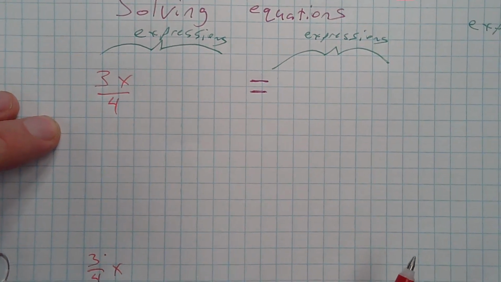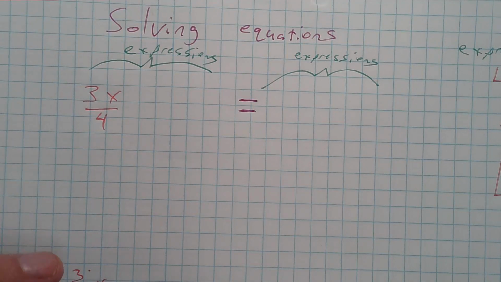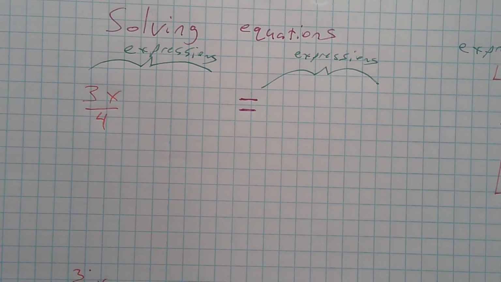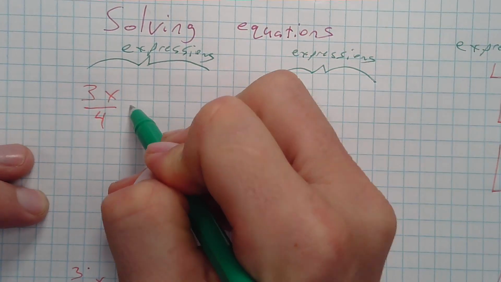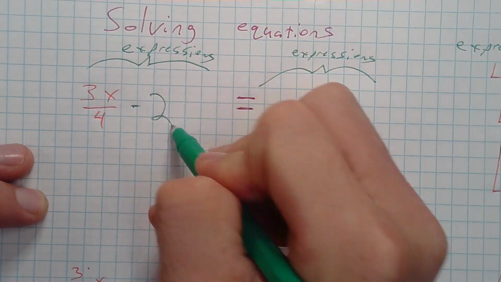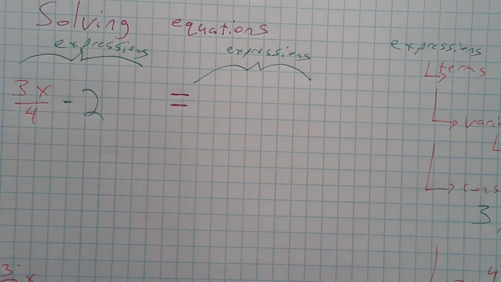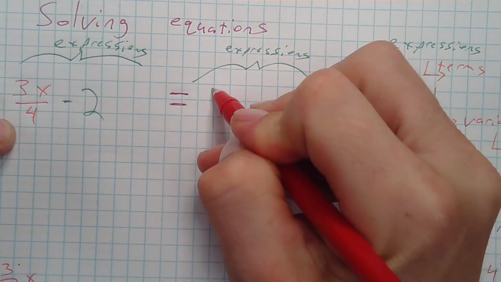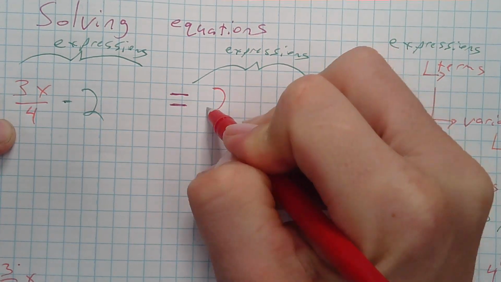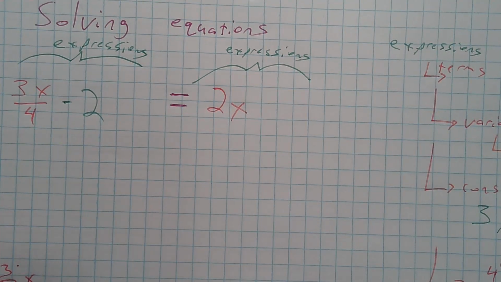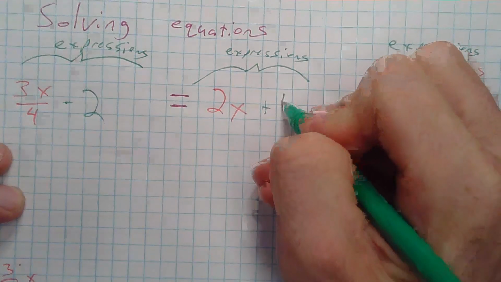Then I'll make my constants green: -2, and then equals 2x plus 5.